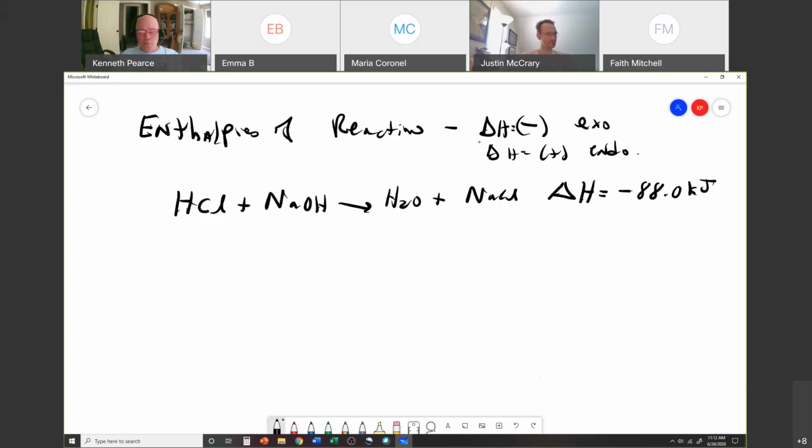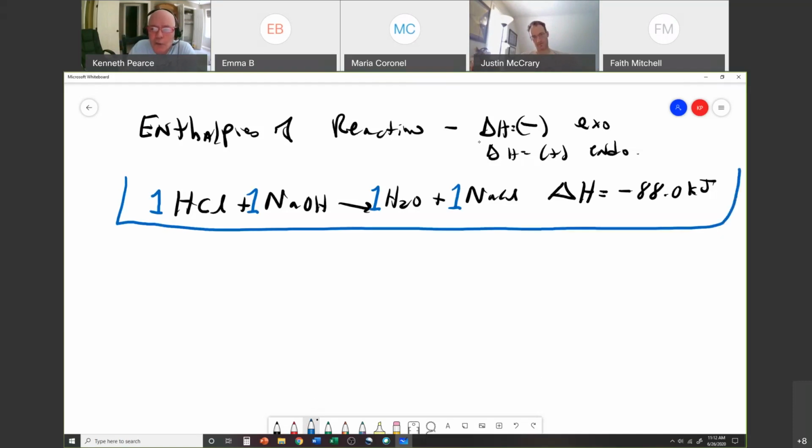Now, how do we end up using this sort of thing? Now, this delta H, this is important, is per 1 mole HCl, per 1 mole sodium hydroxide, per 1 water, and per 1 sodium chloride. I picked a reaction that had 1:1 ratios all the way down, just to keep things simple for the first one. But you have to keep in mind that this entire thing goes together.